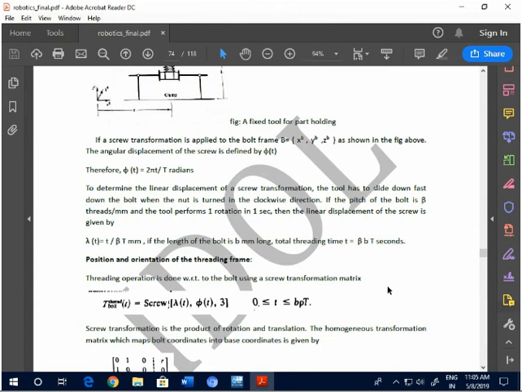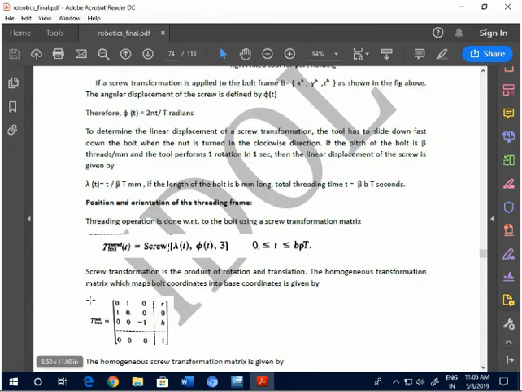Screw transformation is the product of rotation and translation. The homogeneous transformation matrix which maps the bolt coordinates to the base coordinates is given by T bolt to the base. This is the identity matrix, this is the rotational matrix R, this is P, 0, 0, 0, 1.